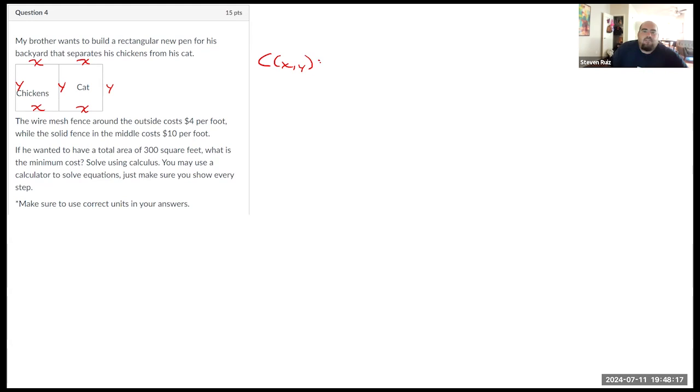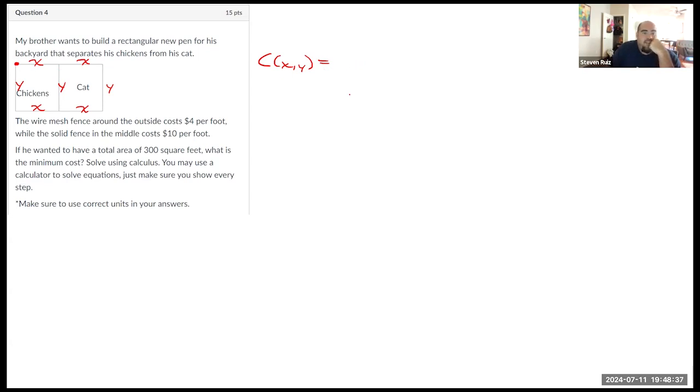So the outsides, basically, I'm going to make a point right here. From that top left corner, I am going to move around the outside of this pen in a clockwise fashion and build my objective function that way.